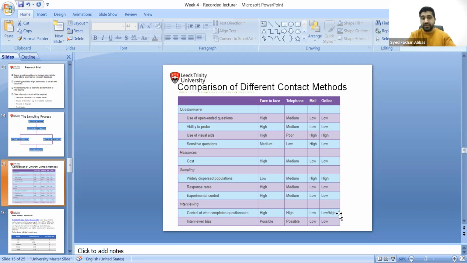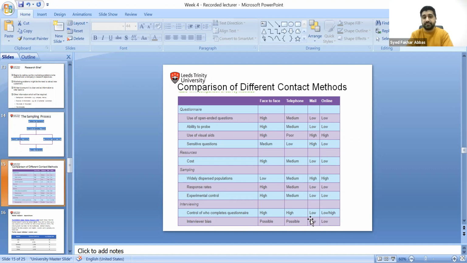When we talk about email, the response rate will be low. If we send emails to, for example, 1,000 people, out of 1,000 perhaps 200 or 300 people might reply. So experimental control is low in email.